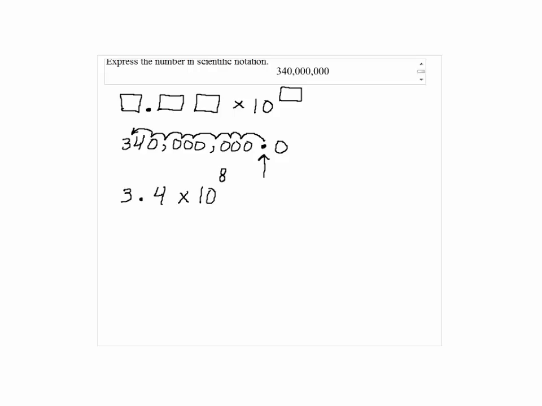Just by looking at the number, this number is obviously larger than 1. If the number is larger than 1 to begin with, the exponent must be plus 8. If the exponent is minus 8, then it would be a number less than 1. So we have it in the form of scientific notation, 3.4 times 10 to the power of 8.